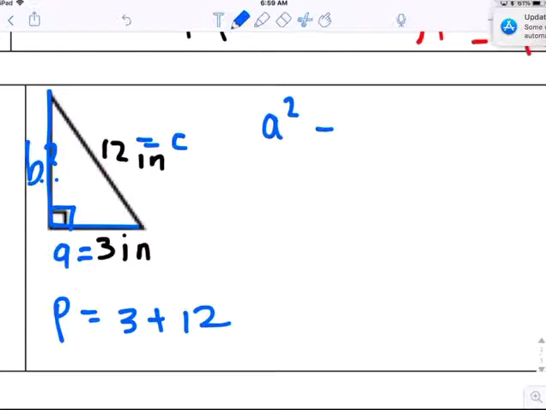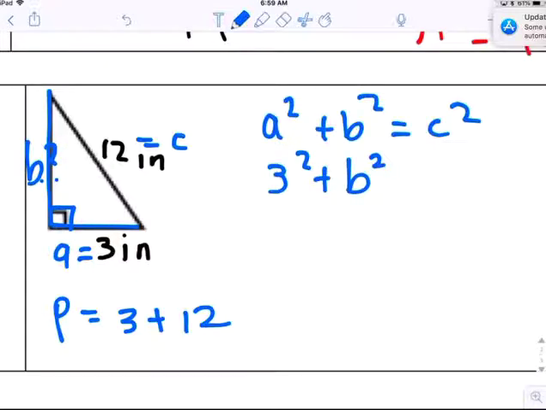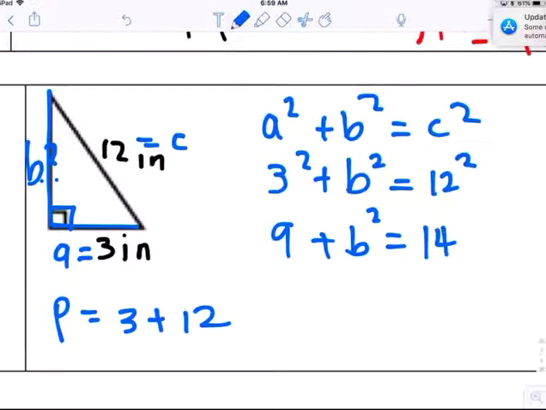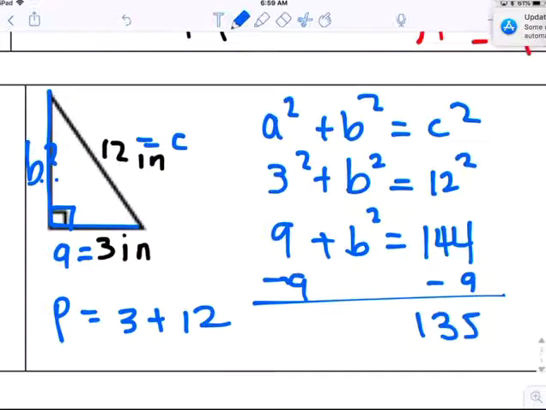A squared plus B squared equals C squared. 3 squared plus one of the legs squared equals 12 squared. 9 plus B squared equals 144. Minus 9, 135 equals B squared. Take the square root. Square root of 135.